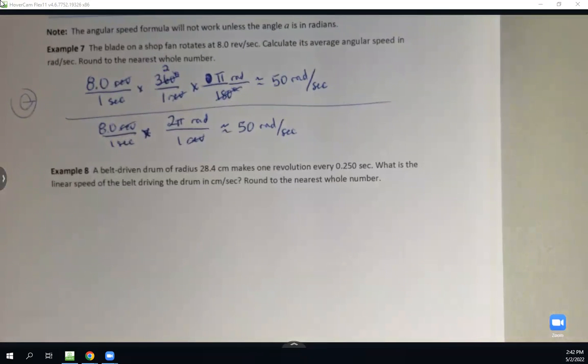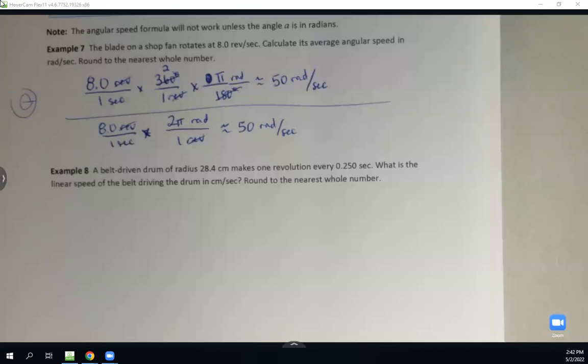Example 8. A belt-driven drum of radius 28.4 centimeters makes 1 revolution every 0.250 seconds. What is the linear speed of the belt driving the drum in centimeters per second? Round to the nearest whole number.